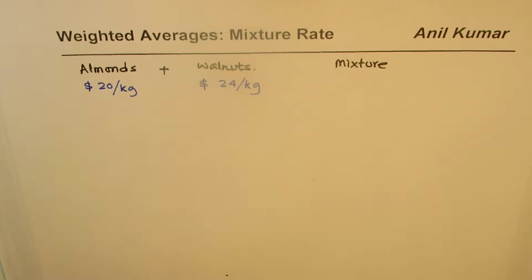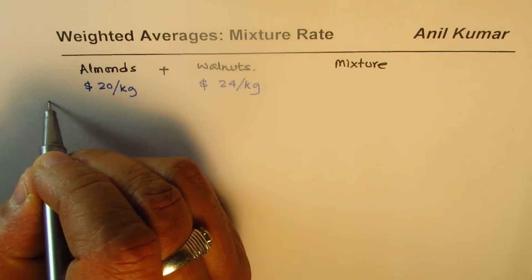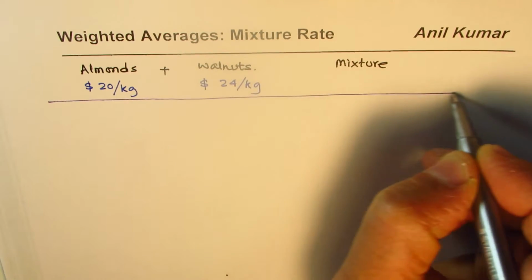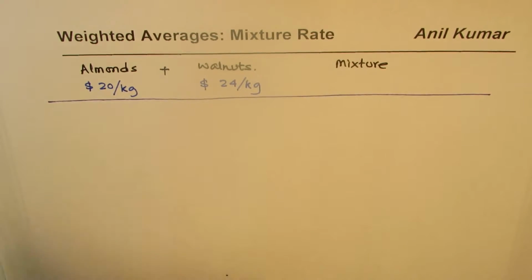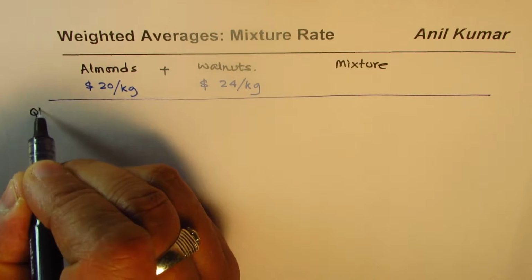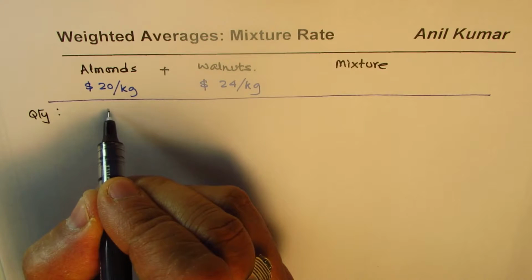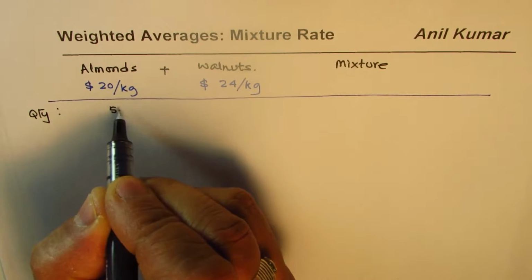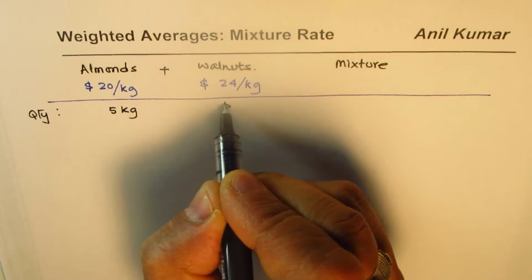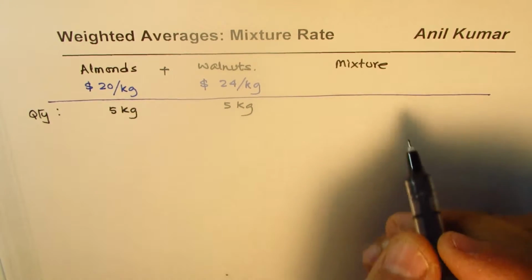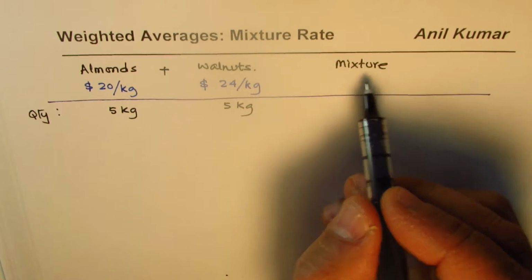If I use the same weight for each, let me take different cases now, and then we will continue. Let us say we use the same quantities, that is to say, 5 kg of each. If I use 5 kg of each, what is going to be the rate for the mixture?